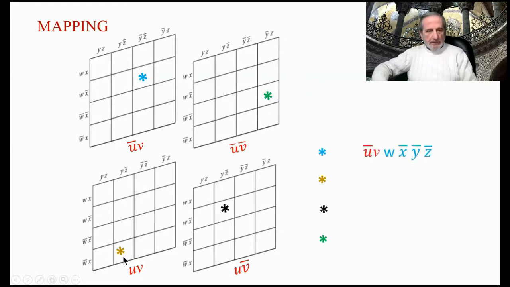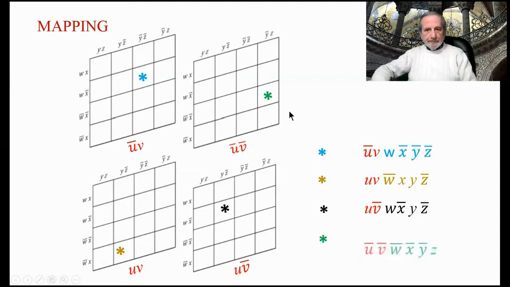This one here, light brown, represents uv, w bar x, y, z bar. And this one here is uv bar, w x bar, y, z bar. And this last one here is u bar, v bar, w bar x, y bar, z.